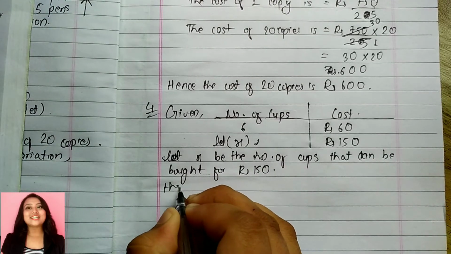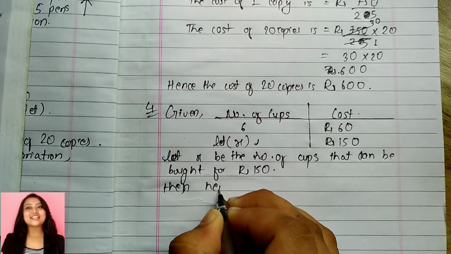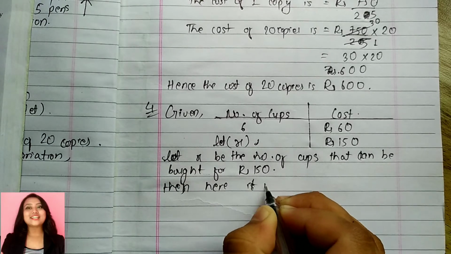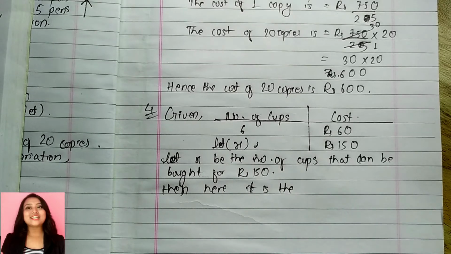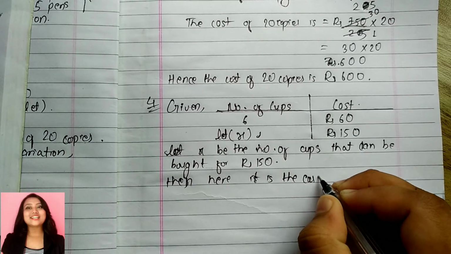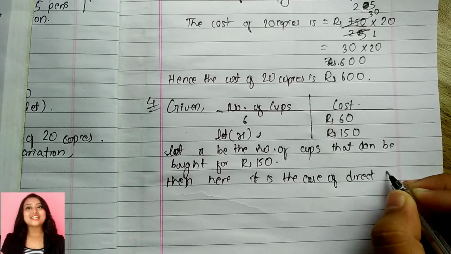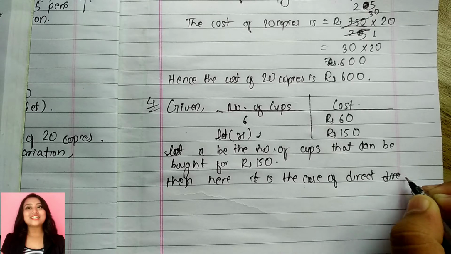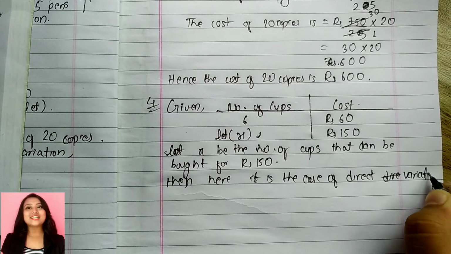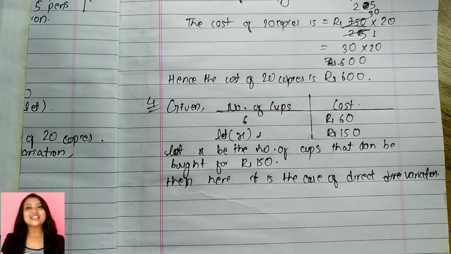Here also you have to write let x be. Then it is the case of direct variation. You have to write everything here.